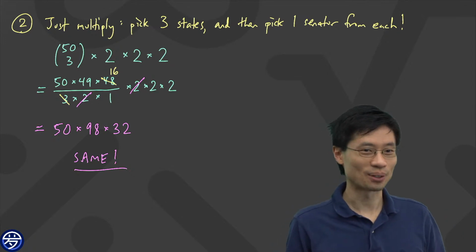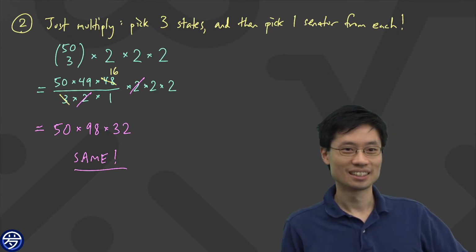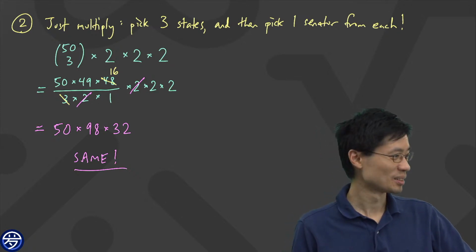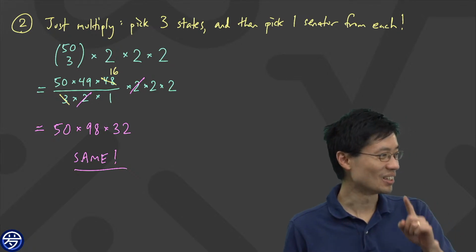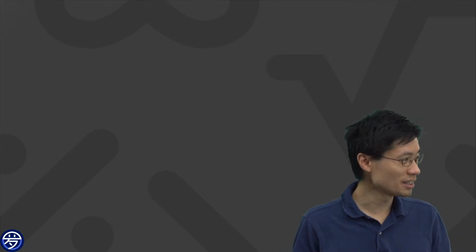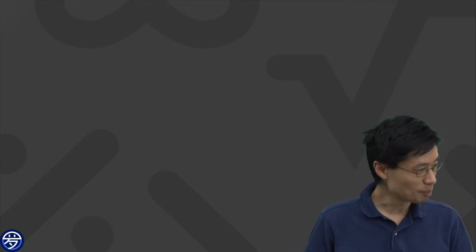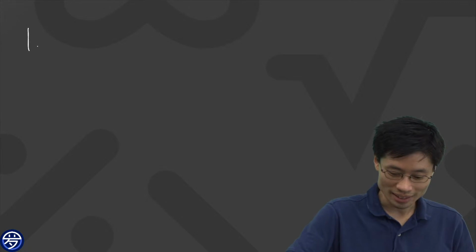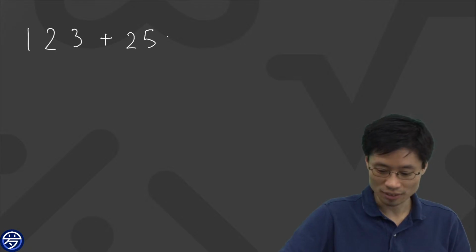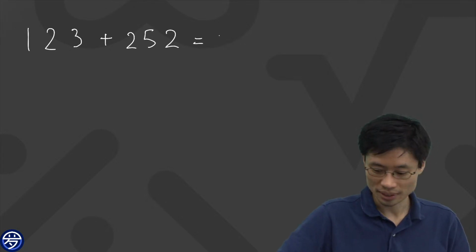Okay, more questions. We've got lots and lots of different questions here. One of these puzzles. Let's do a number puzzle, and this number puzzle is from Jenny. The number puzzle is 123 plus 252 equals 748.